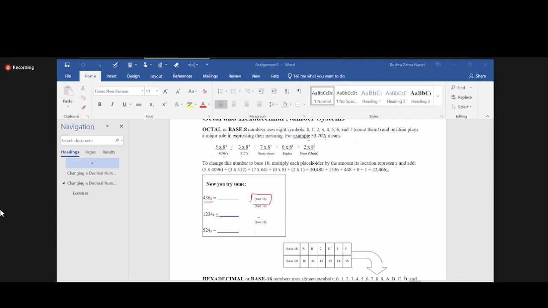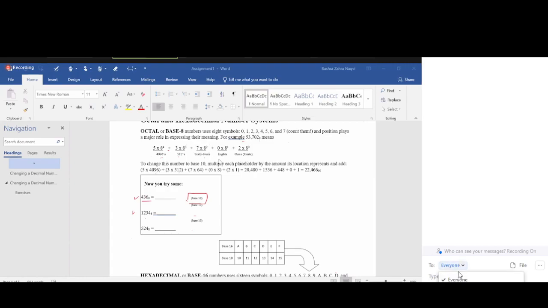I want everyone to give me at least one answer for one of them. I have three numbers. Pick any one and give me your answer.